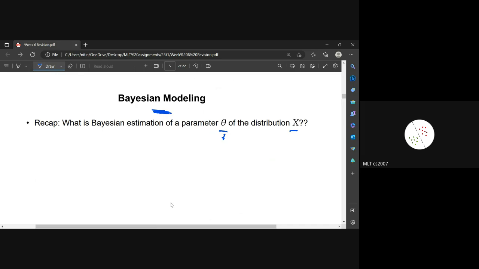Let's assume capital Theta is the prior for that, and we collect some observations, some samples, and we find the likelihood of that sample. Using that likelihood and prior knowledge, we update our prior knowledge and find the posterior, and update our belief about theta. That's how it goes in the Bayesian model, right?